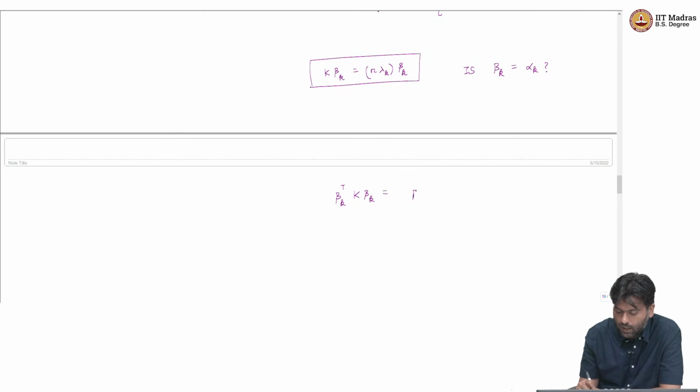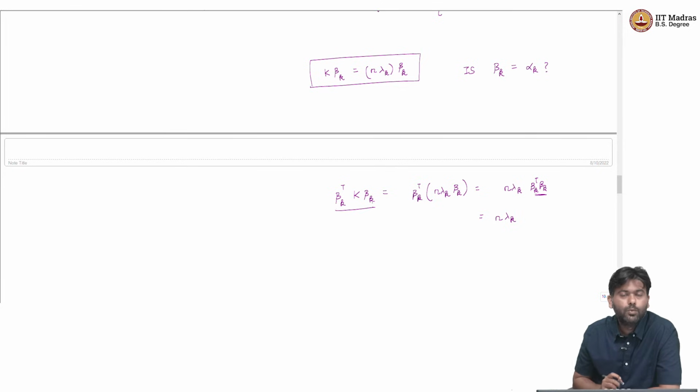So, this is beta k transpose n lambda k beta k, which is n lambda k beta k transpose beta k, but we know beta k is of length 1. So, this is just n lambda k. So, beta k transpose K beta k is actually n lambda k. But then, if we set beta k as alpha k, it is not going to work because then alpha k transpose K alpha k will no longer be 1. So, there is a scaling of n lambda k that is happening.